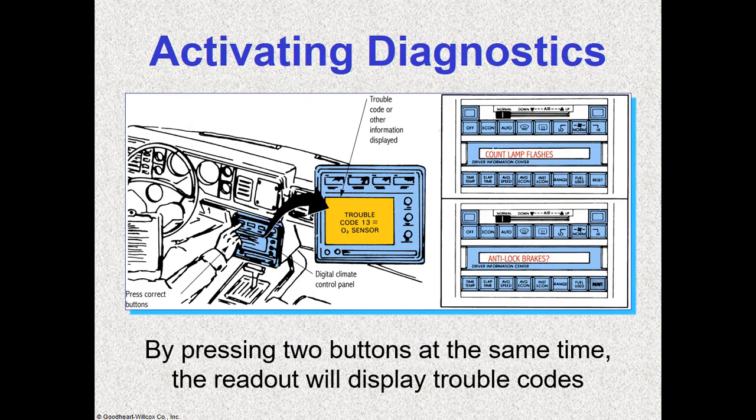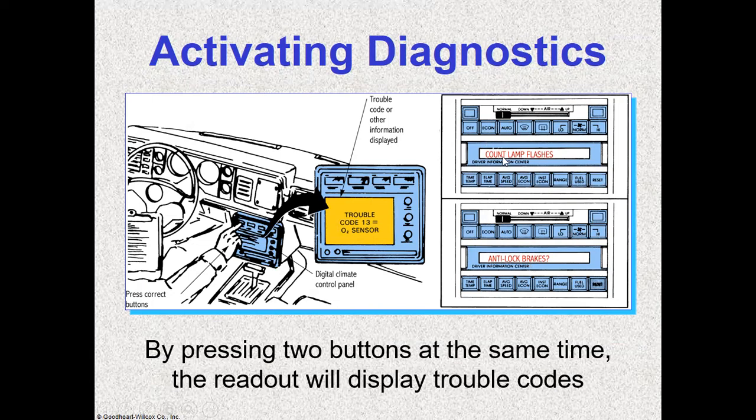Alright, so this other one here seems like we're using the infotainment system, or the radio, in other words, or the information screen, whatever. They say trouble codes and other information are displayed on that screen right here. As I can see in the setup for this, there's an OBD1, below 2000 type of setup display right here.